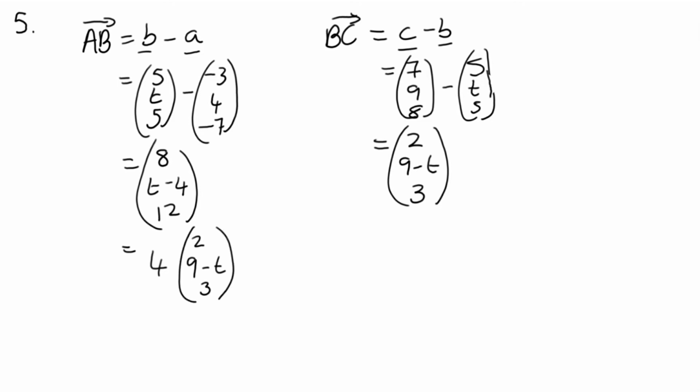So 4 2s are 8 and 4 3s are 12. So we can clearly see that the ratio of A to B and B to C is 4 to 1. So that means that B divides AC in the ratio 4 to 1.